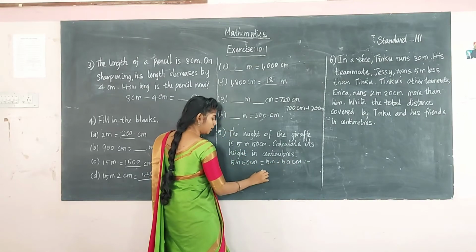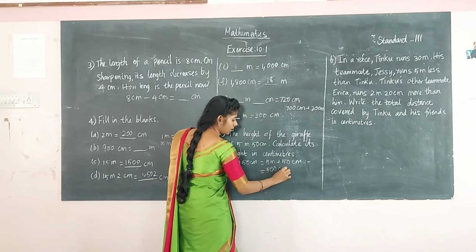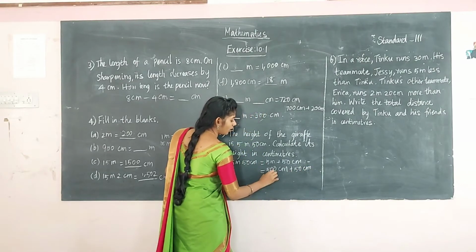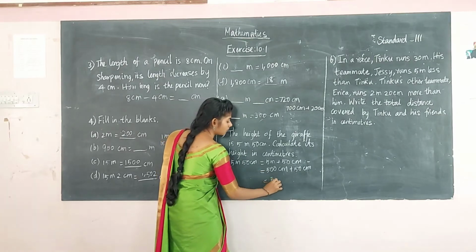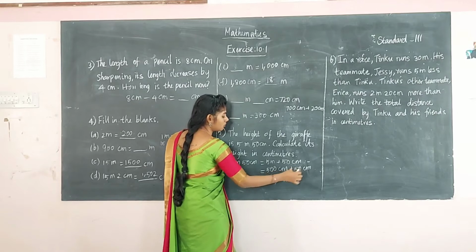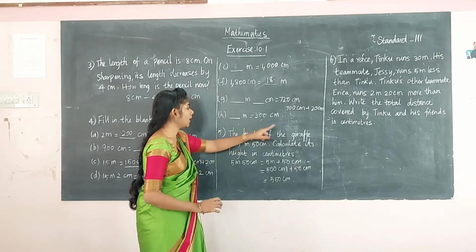How will you write the 5 meter in centimeter? 500 centimeter plus 50 centimeter. And at last 500 centimeter plus 50 centimeter is 550 centimeter. Just adding those two numbers, 500 plus 50 is 550 centimeter. So in centimeters we have found the height of the giraffe.